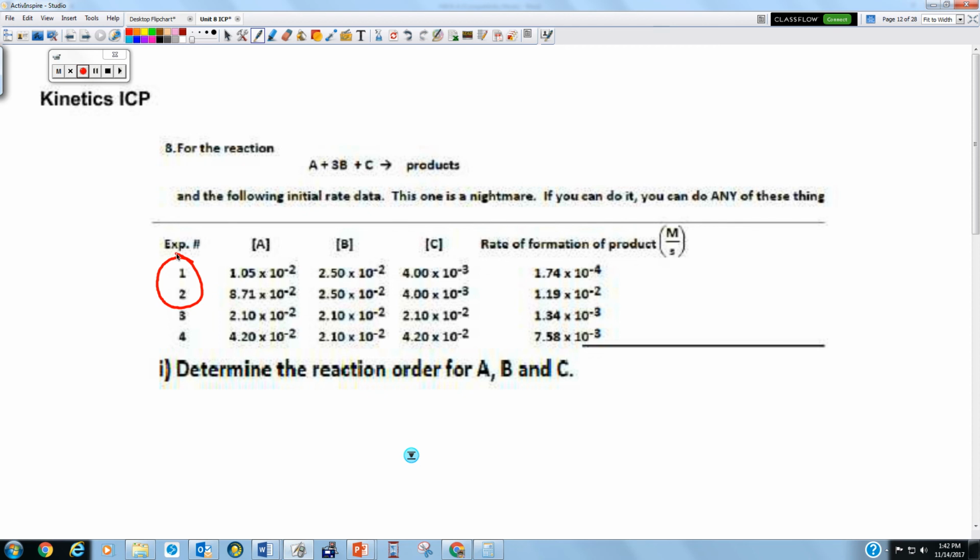start with experiments 1 and 2. And then the only other thing that I'll tell you is the orders that you're going to get, because there is an equilibrium reaction in this one. You will get, no, sorry, you'll get a half order for A, first order for B, and second order for C. Because it's an equilibrium reaction, you can actually get a half order.